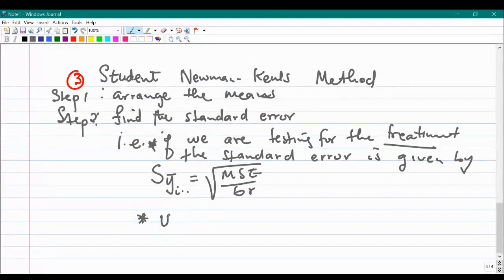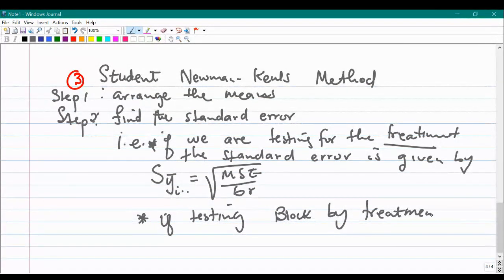And then if we are testing block by treatment, the standard error will be given by the square root of MSE over R. The rest is the same procedure.